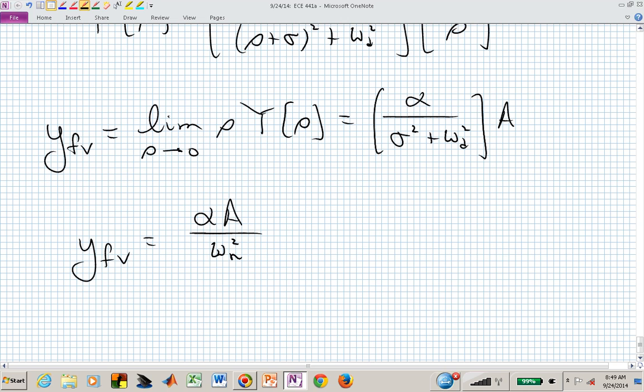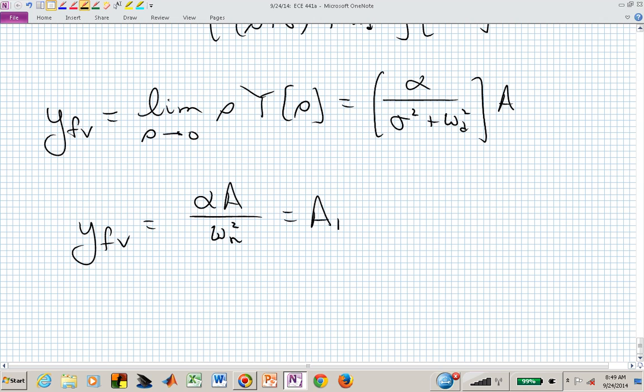And you can now go to your output response and find, where do you finally settle? That's my final value. I'm going to call that capital A sub 1. That's from your graph. So this is now equal to A1. What's unknown in that expression? You know A, that was how hard you pushed it. You know omega sub n from your first two steps.